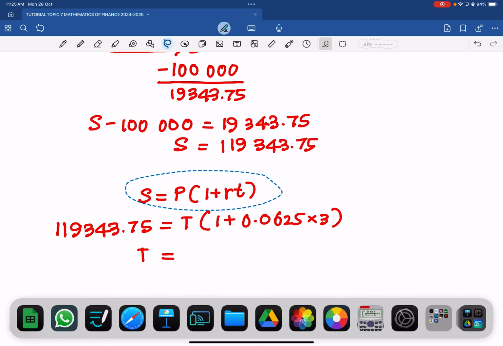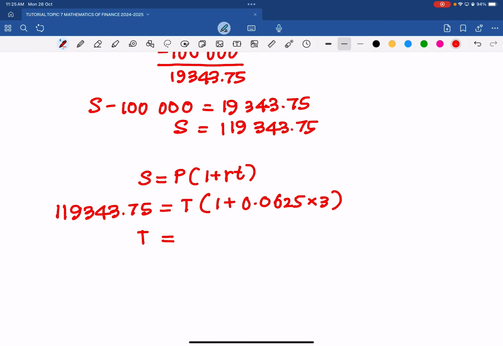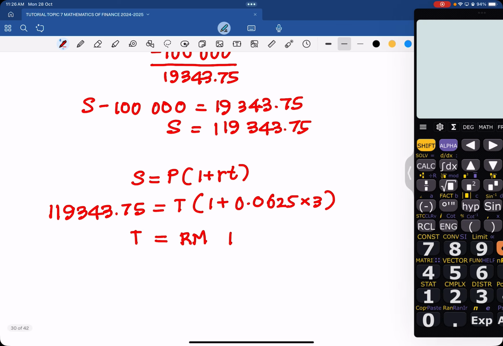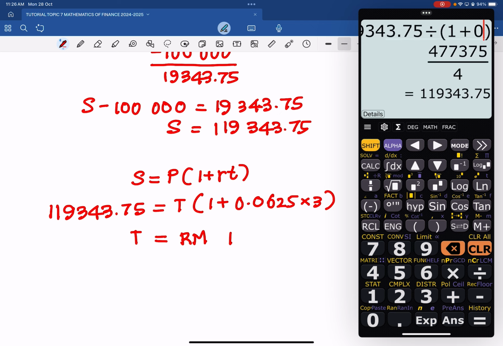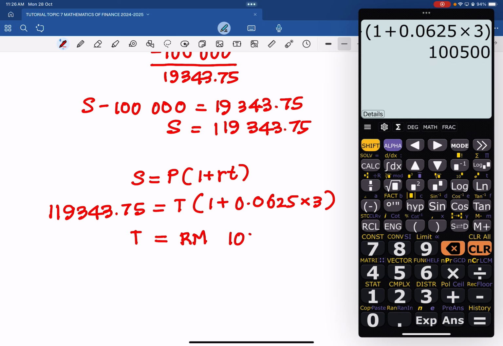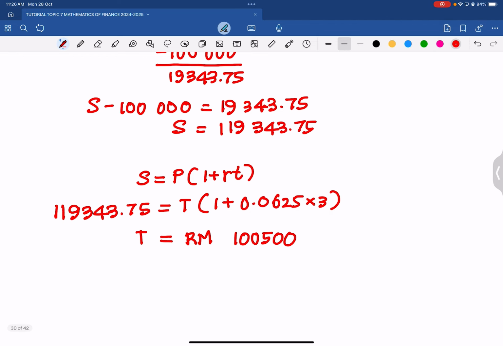I don't have a calculator. 119,343.75 divided by 1 plus 0.0625 times 3 gives 100,500. 100,000 and 500. That is the value of T.